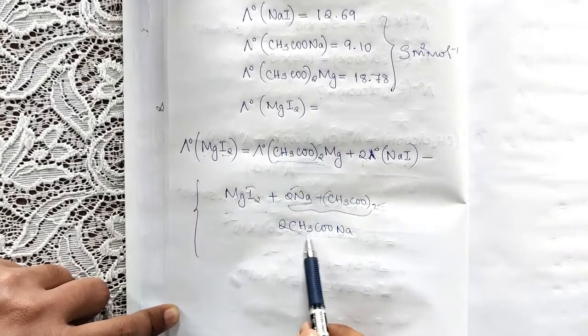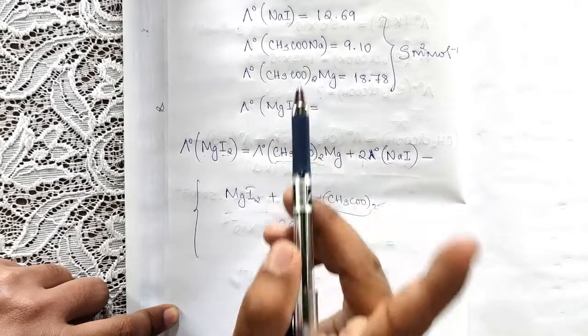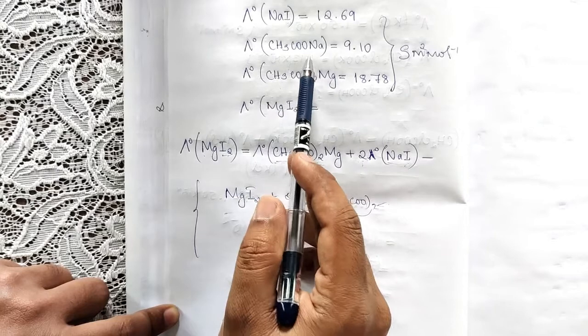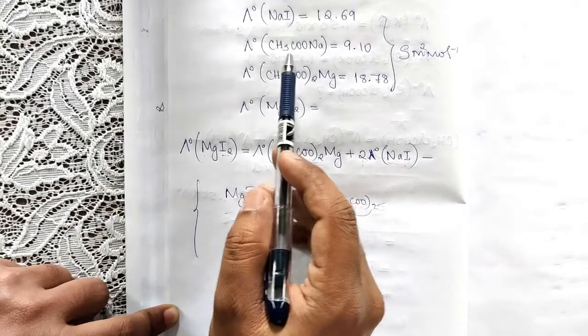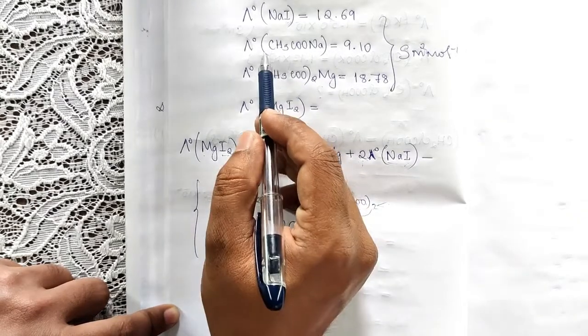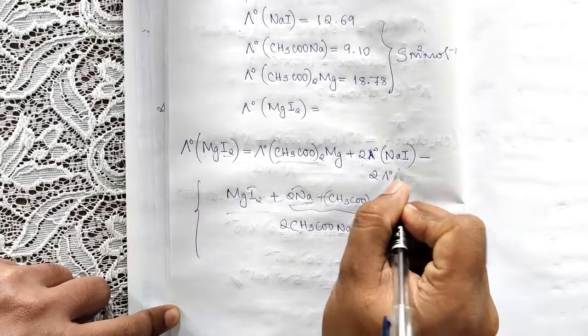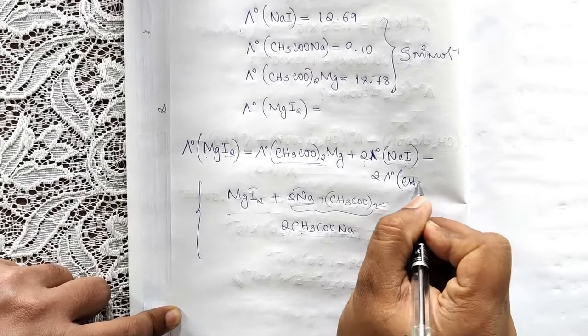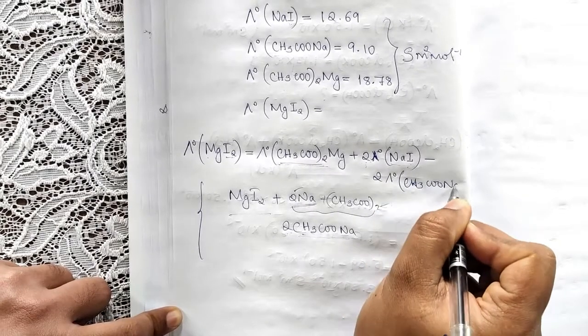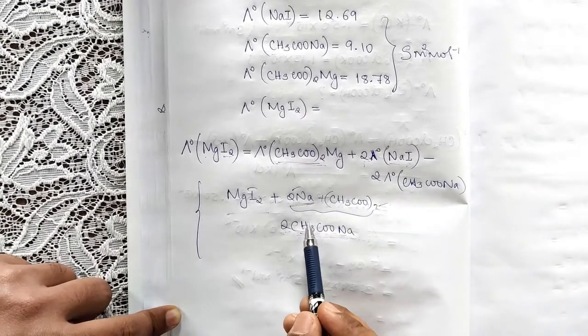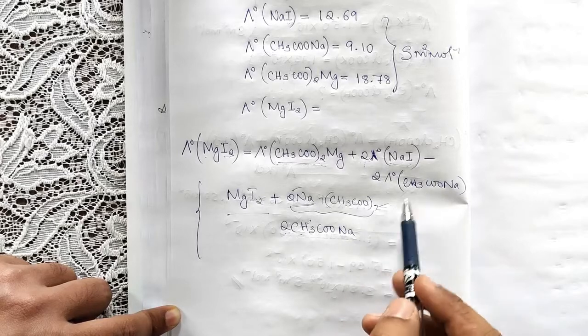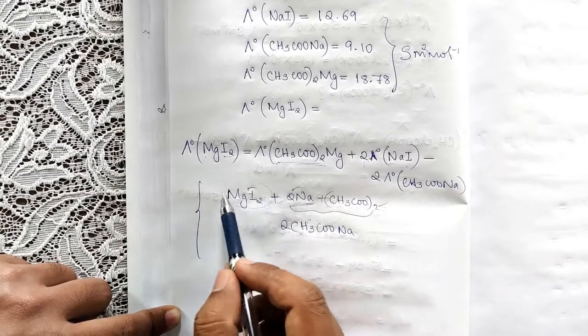Out here we have this one, right? CH3COONa, but we have only one out here. I multiply with 2. So now this and this will cancel together, and then what will be left? Only this one.